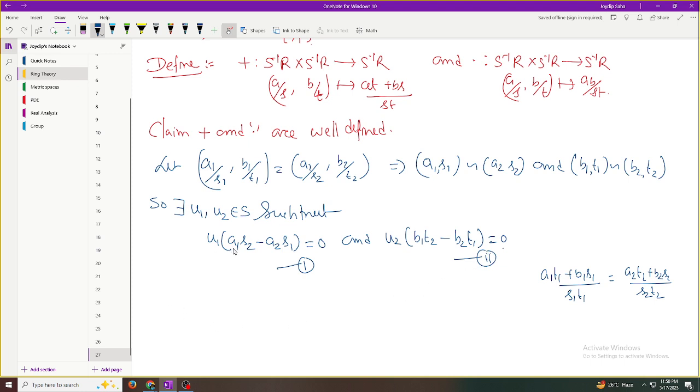Multiply 1 by u2 t1 t2 and 2 by u1 s1 s2, and add.